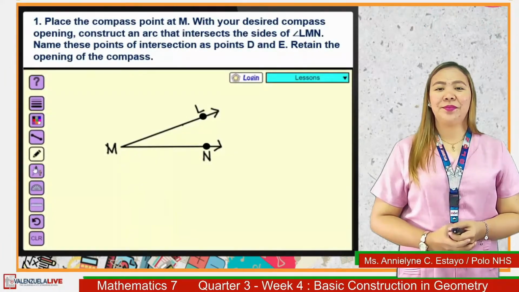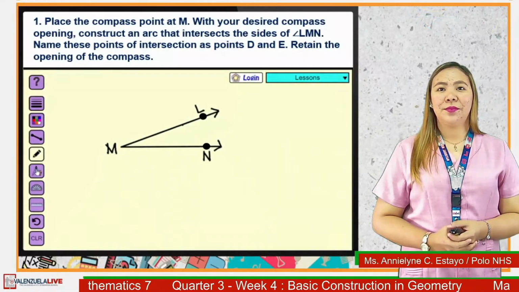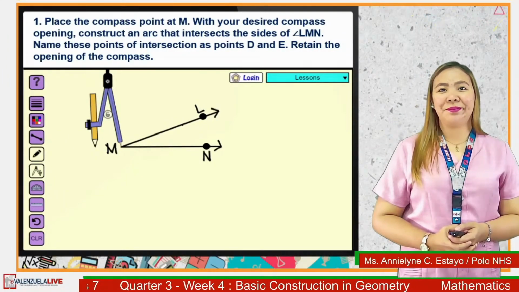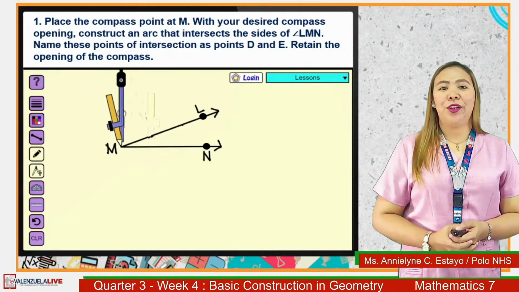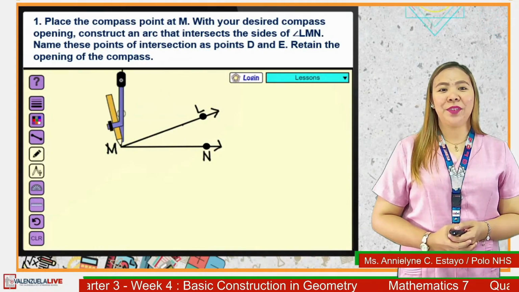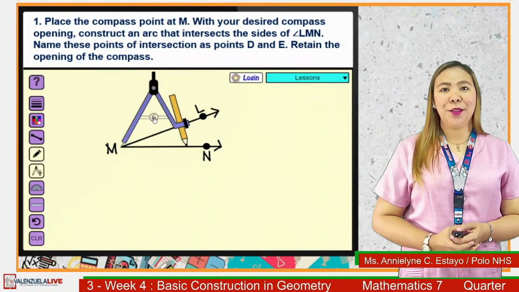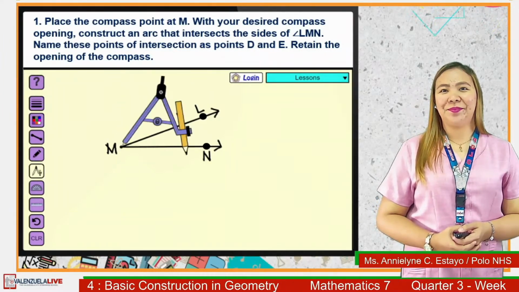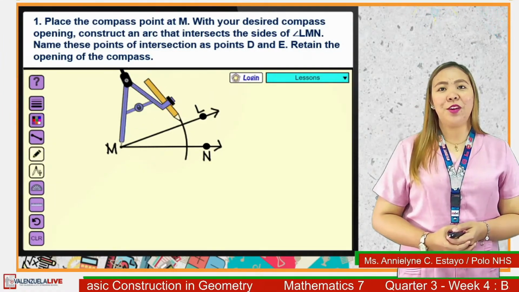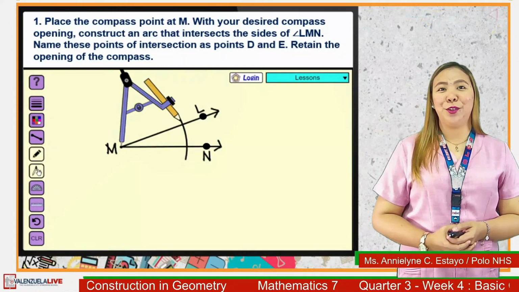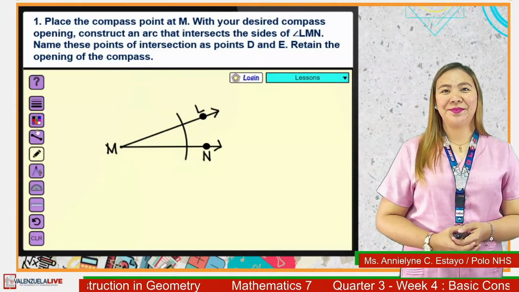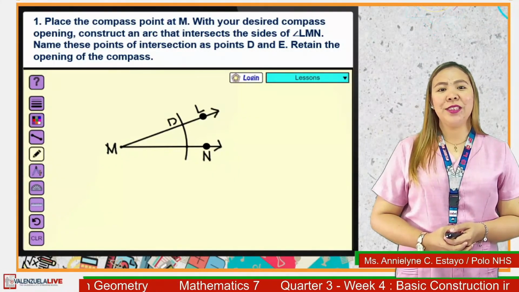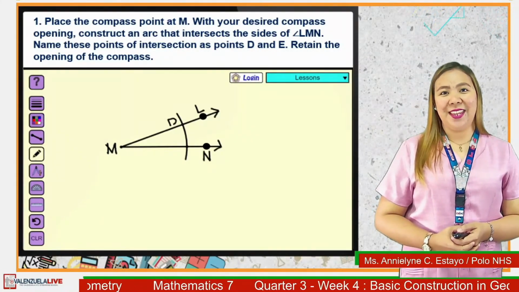First, place the compass point at the vertex M. With your desired compass opening, draw an arc that intersects the sides of angle LMN. Retain the opening of the compass for later use. Name these points of intersection as points B and E.